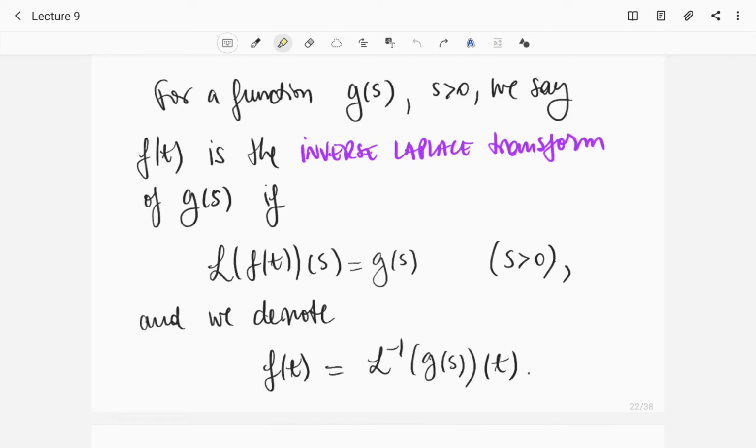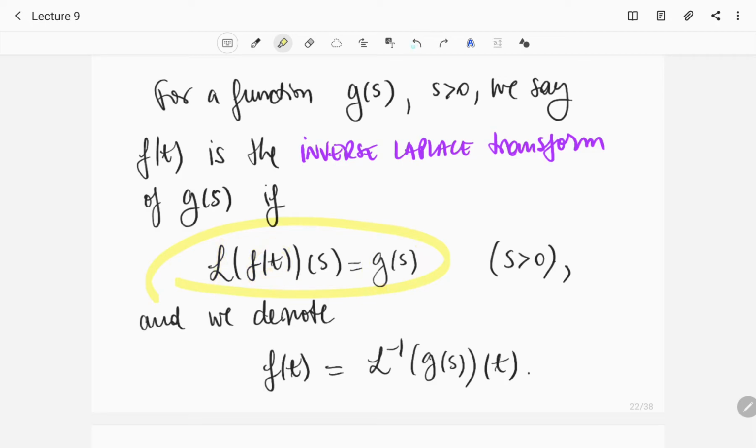So we will focus only on certain types of functions, and we will see how to find the inverse Laplace transform of these special functions. First difference with the Fourier transform: here we do not have an explicit formula. We are just giving the definition that a function f is the inverse Laplace transform of the function g if they verify this identity. When I Laplace transform f, I get g.